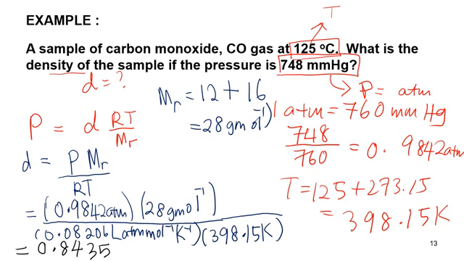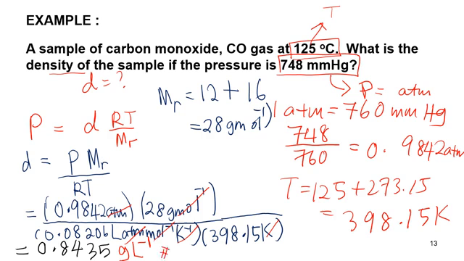Okay, cuba check unit yang kita akan dapat. That's why saya kata substitute nilai dengan unit sekali. Kita boleh check. So, atm cancel dengan atm. Okay, gram boleh cancel tak? Tak boleh cancel. Per mole? Okay, per mole cancel dengan per mole bawah ini. Betul? And then per Kelvin cancel dengan Kelvin. Okay, liter boleh cancel tak? Tak boleh cancel. So, maksudnya jawapan akhir kita apa? Kita akan dapat gram per liter ataupun g L^-1.